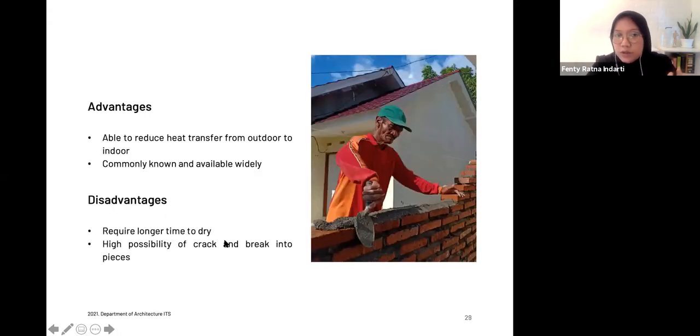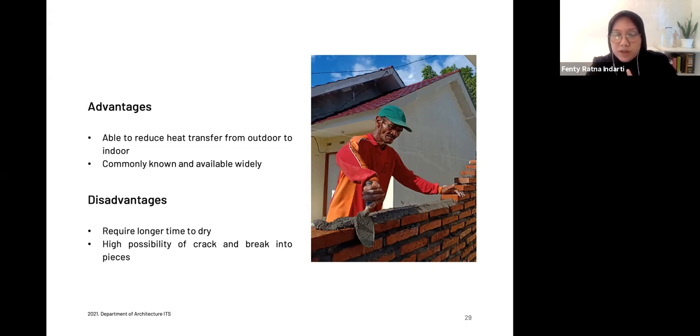The advantage of using clay brick is it's definitely able to reduce the heat transfer from outdoor to indoor. Specifically in Indonesia, we have very high solar radiation. Unless you are living in Bandung, because Bandung or maybe Malang is a little bit colder.